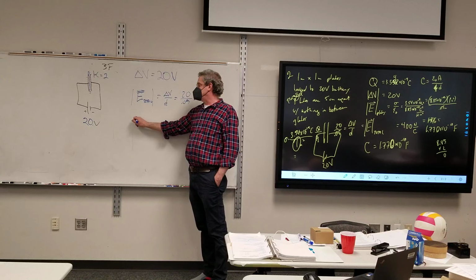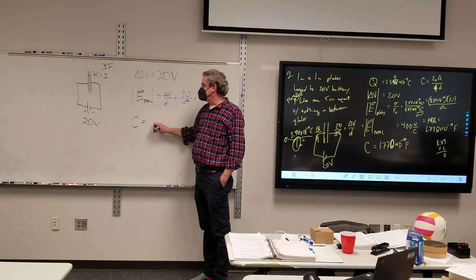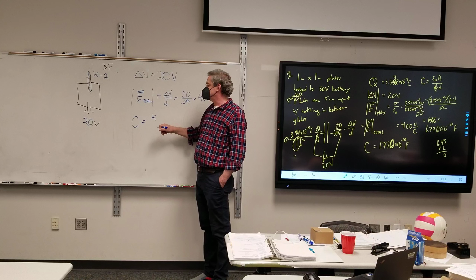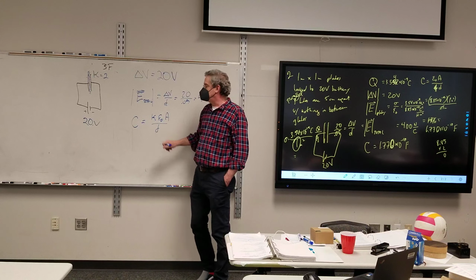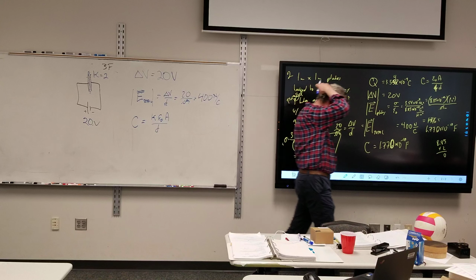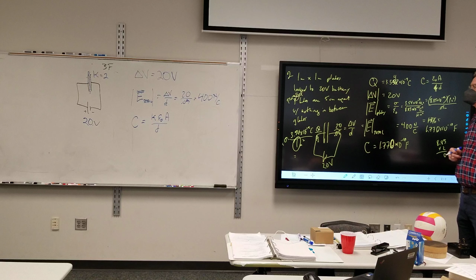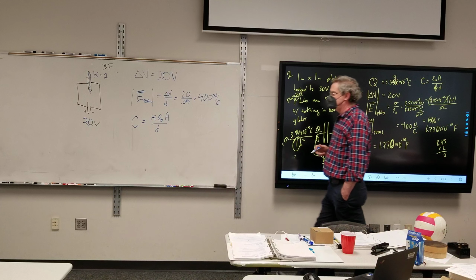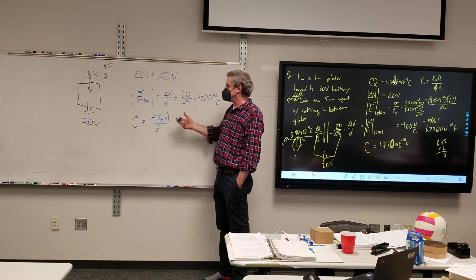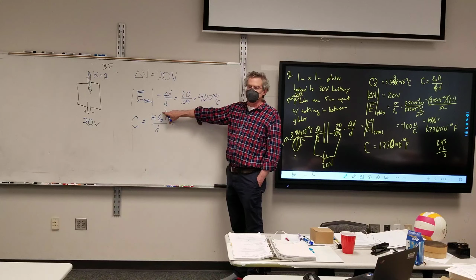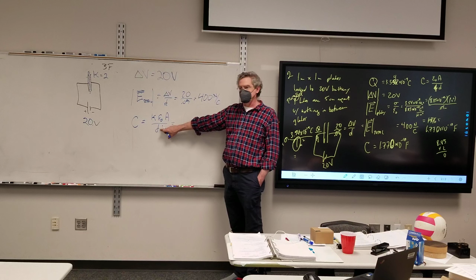However, my capacitance does change. Because my capacitance, if I have a dielectric in there, is kappa epsilon sub naught A over D. Or even without a dielectric, the kappa is equal to 1, but epsilon sub naught hasn't changed, A hasn't changed, the distance between the plates hasn't changed.